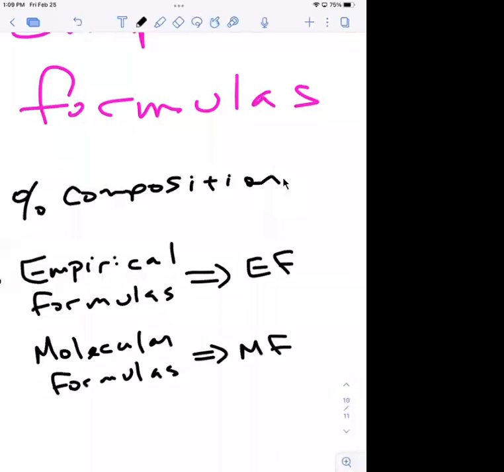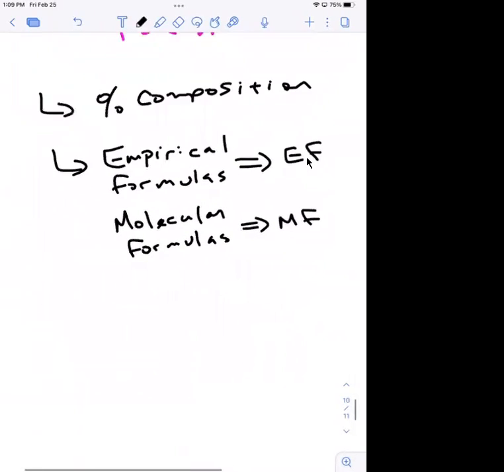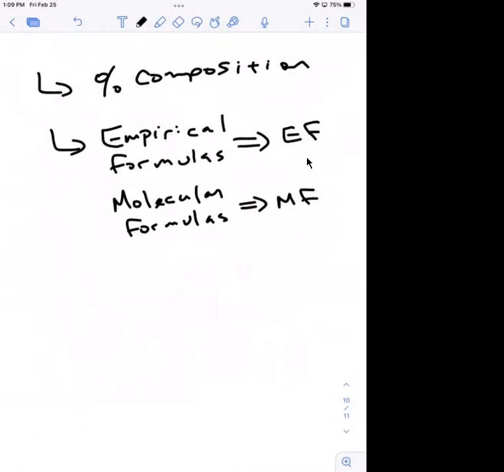We can take any molecule and derive the molecular formula and the empirical formula if it's unknown.